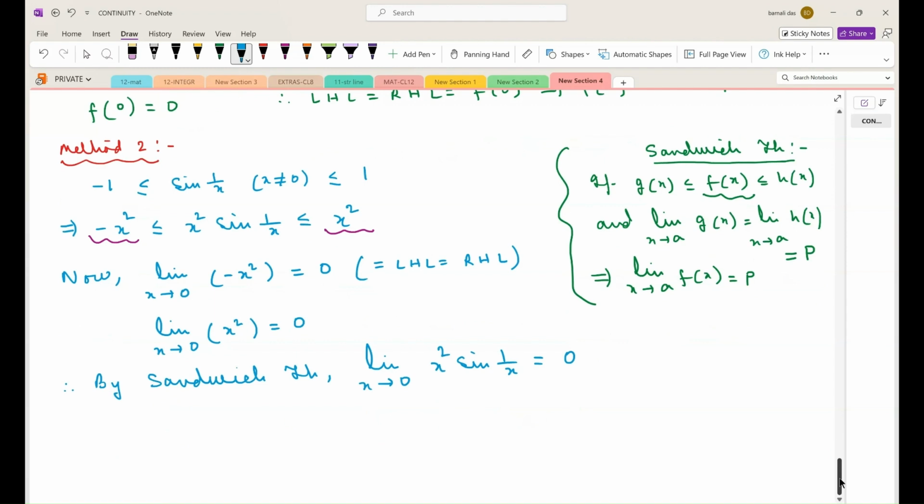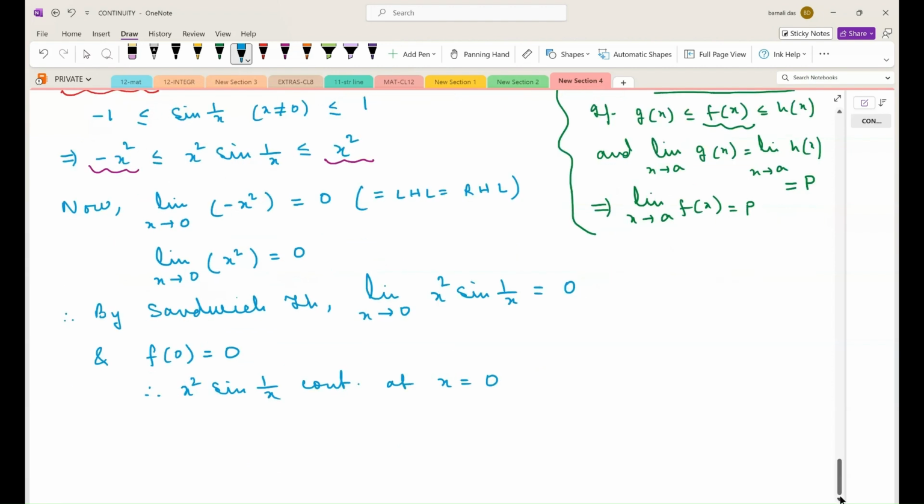So this is the limit of the middle function, that is LHL and RHL both are 0, and it is given the functional value is 0. Hence, x square sine 1 by x is continuous at x equal to 0. So this is method 2 using sandwich theorem.